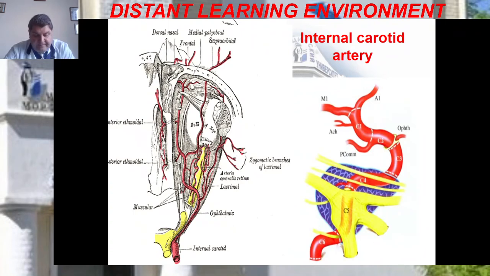At the origin of the longitudinal fissure of the brain, it joins with the artery of the same name from the other side by means of a transverse trunk, the anterior communicating artery. I will show you this artery later. And next, the biggest branch of the internal carotid artery is the middle cerebral artery.